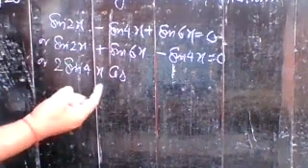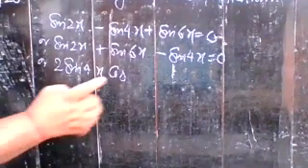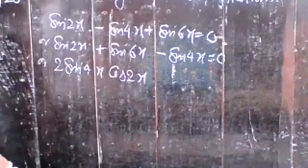Understand? And cos of minus x is equal to cos x. That's why here you write the positive value. So if you take the difference, (x-y)/2, so x - y is 4x; divided by 2, you have 2x. So here you write 2x, because cos(-x) is equal to cos x. That's why.